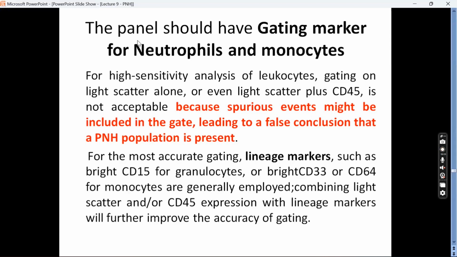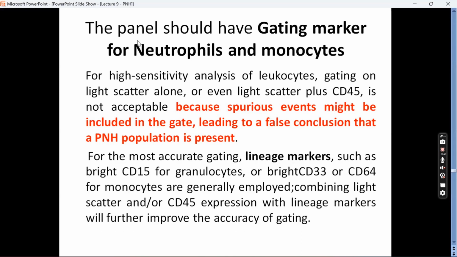CD13. Very good, CD13. I agree with you, but I'll tell you why we won't use CD13. Any other? CD33, yes, good. Now I'll tell you why we will not use CD13.